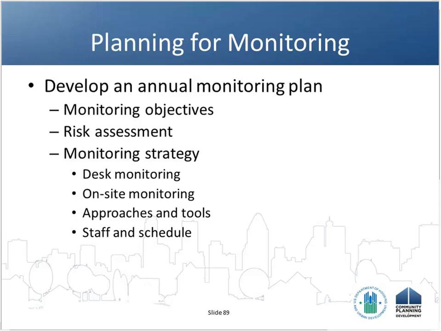Also could include things like, when you're doing on-site monitoring and you're doing inspections, you're usually sampling units. Might be that you have a standard that says, if my initial sample has a certain percentage of overall deficiencies, that I'm going to sample more units, or maybe I'm going to make a return visit and look at more units to test whether this is a systemic sort of issue.